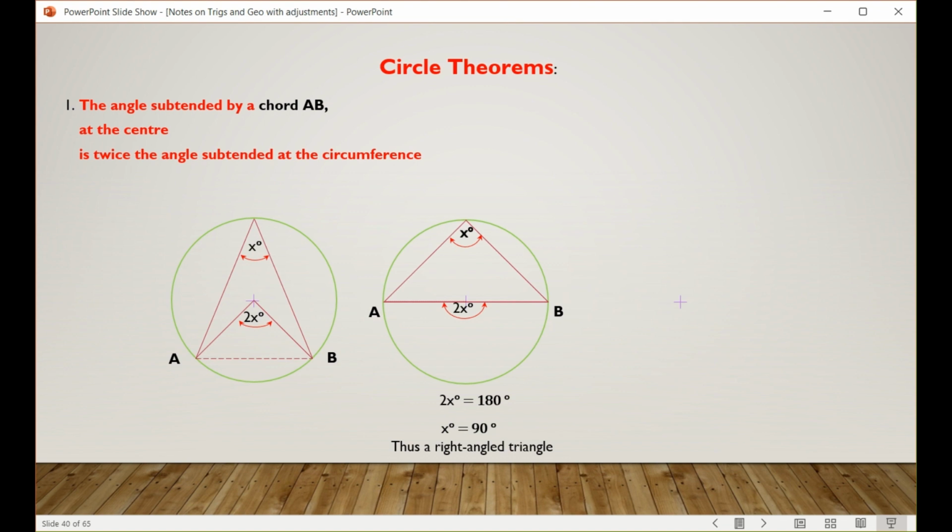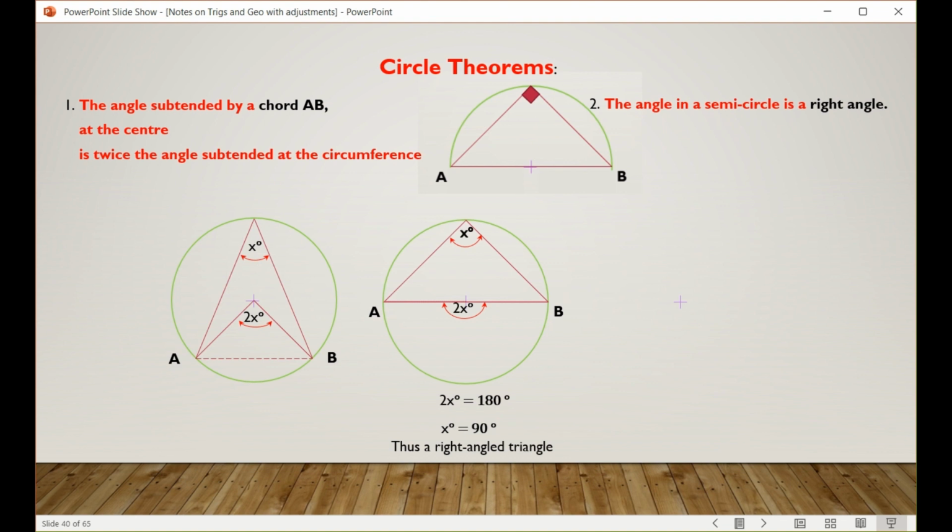The 2x is still measured on the outside, and the x is on the inside. If we extract this, we will see that this looks like half a circle. So for any semicircle, the angle in it is 90 degrees. Anytime we have a semicircle and we're drawing a triangle, then A to B, that diameter, is actually the hypotenuse, and it will always give you a right angle triangle.